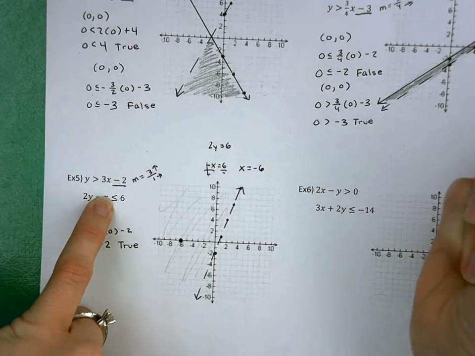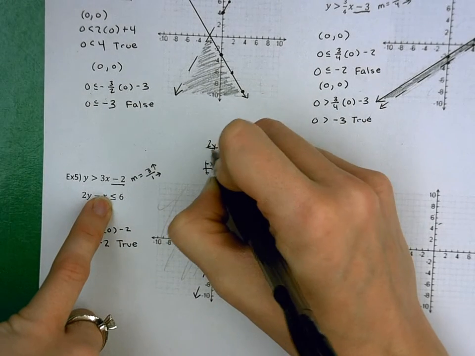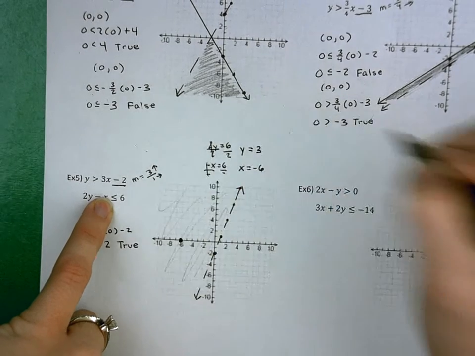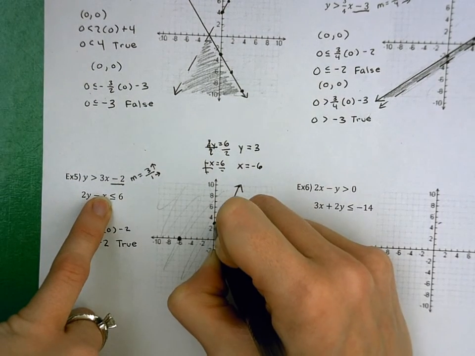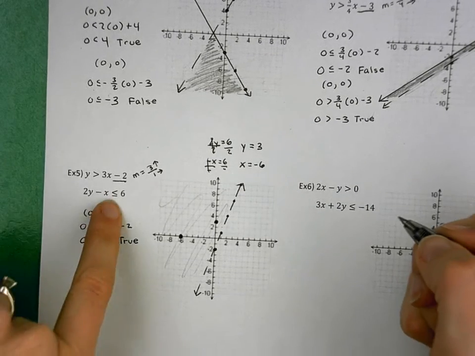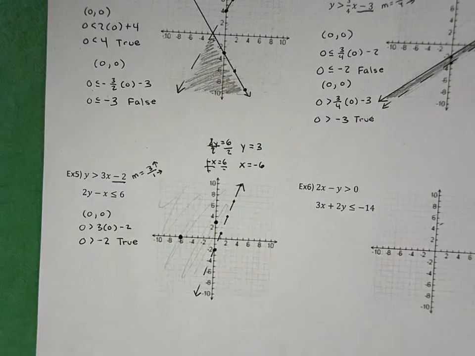Okay. If I divide that 2 over, I get y equals 3. So I'm going to plot y equals 3. That's my y-intercept. Okay, this is an equal to symbol. And so it's going to be a solid line here.